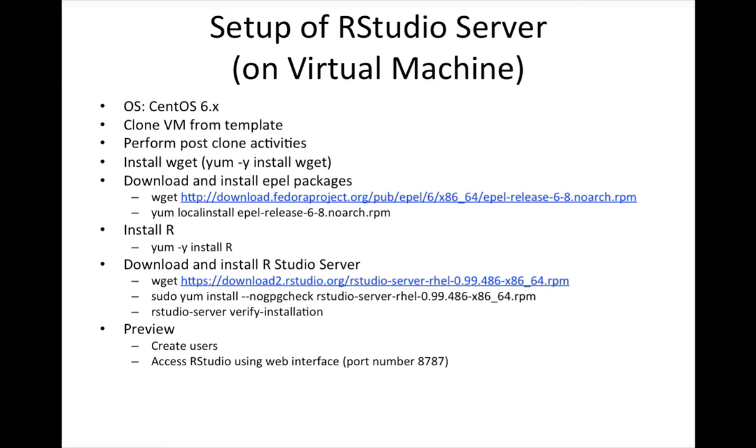Again, as we have seen with RStudio Desktop, RStudio is dependent upon R. So you need to install R first before installing RStudio, and yum is the command which works in Red Hat flavors like Red Hat, CentOS, and Fedora. It actually downloads and installs the software.